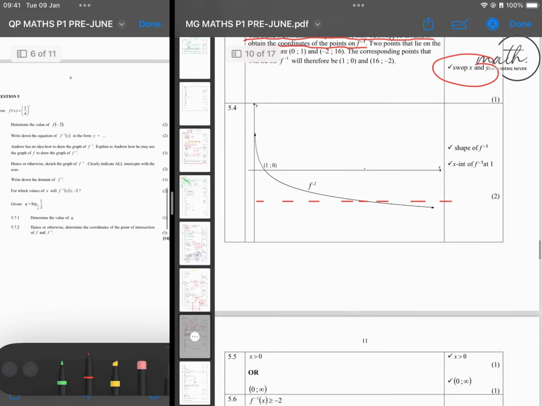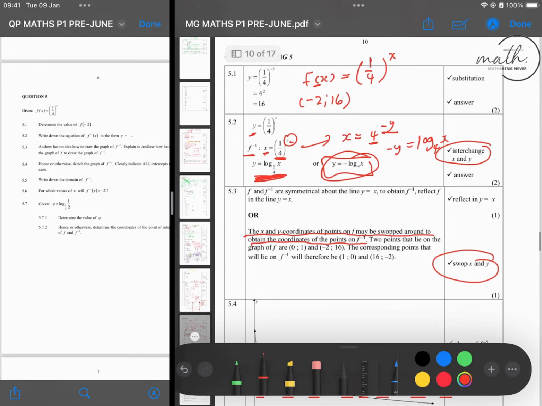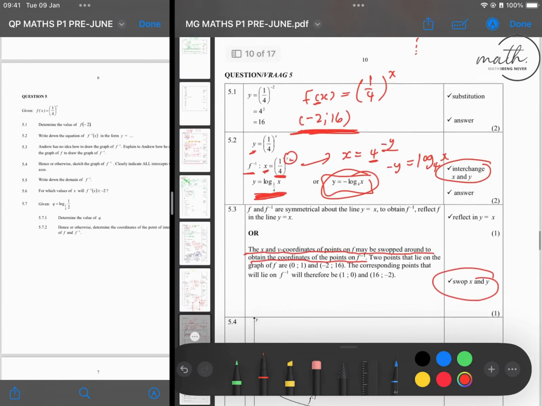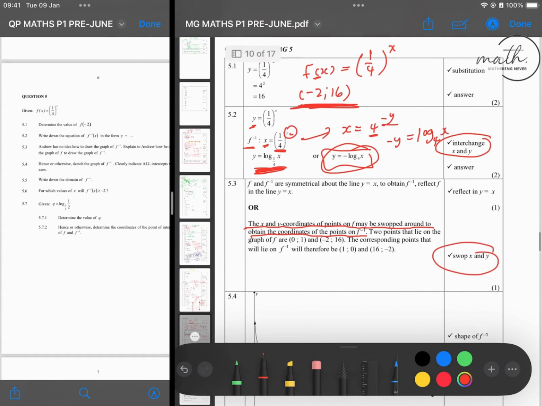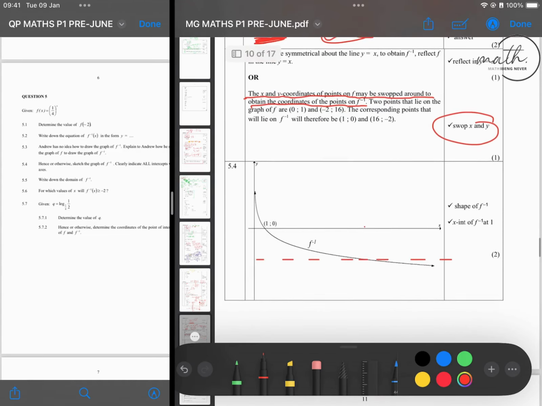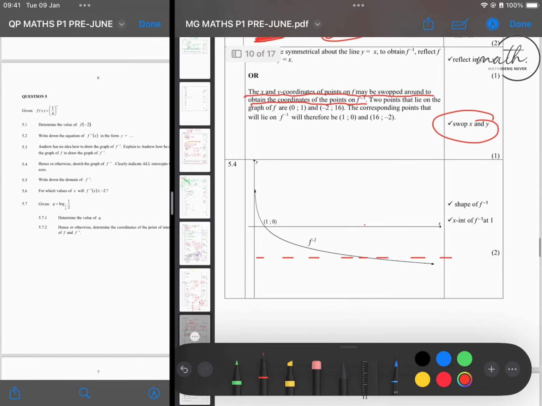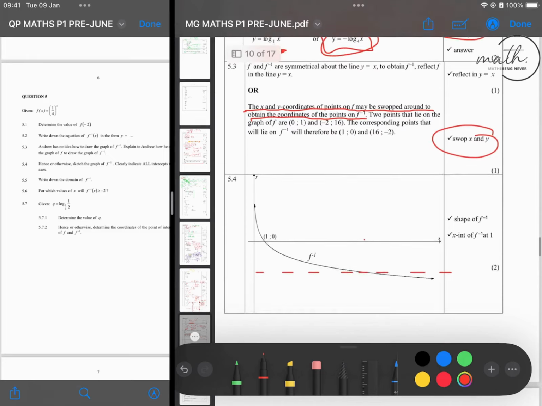5.4, hence or otherwise sketch the graph of the inverse of f. For f, on the first question, we already found one coordinate. The other coordinate is for the original, where x is 0.